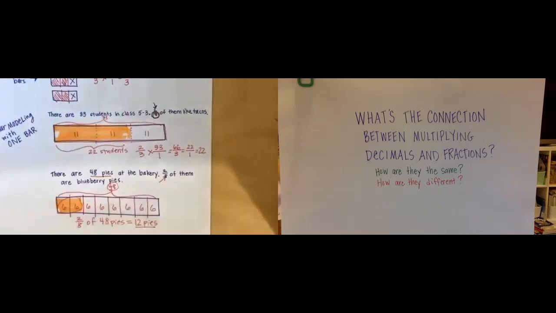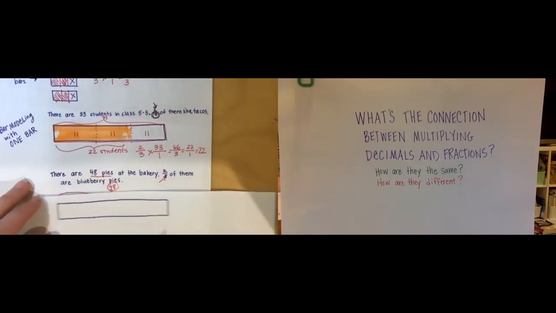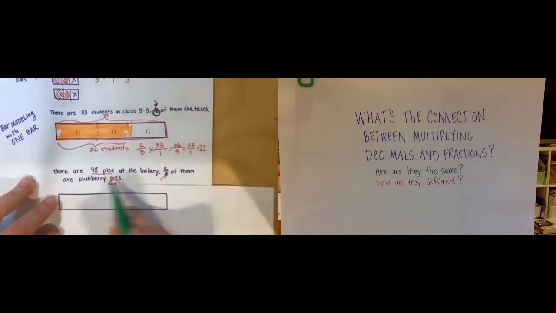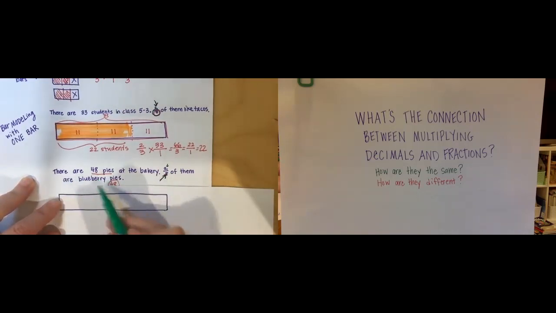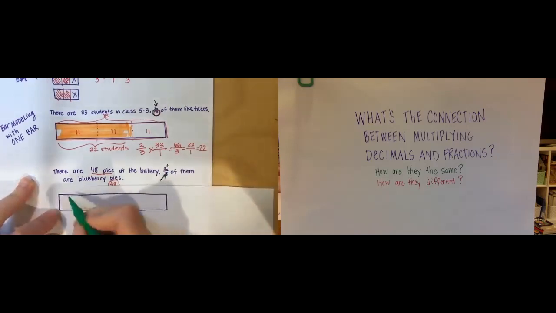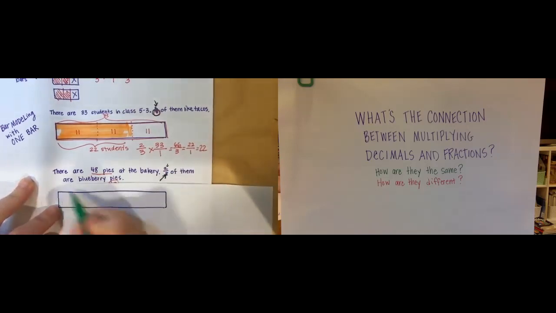Now, if we're thinking about a different situation, okay, there are 48 pies at the bakery, 2/8 of them. Here the numerator is the same, denominator is different, okay? 8, oh my gosh, I'm gonna have to cut this bar up into 8 equal pieces. So there are 48 pies at the bakery, 2/8 of them are blueberry pies. So I know my whole is 48.